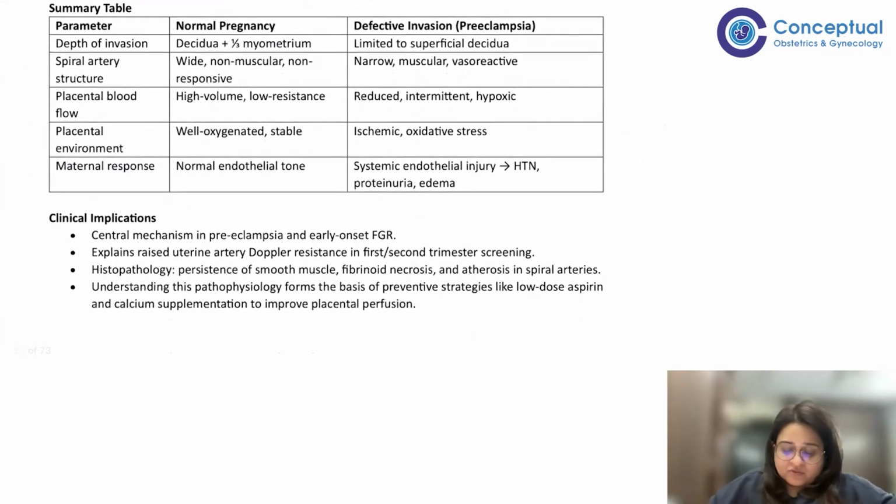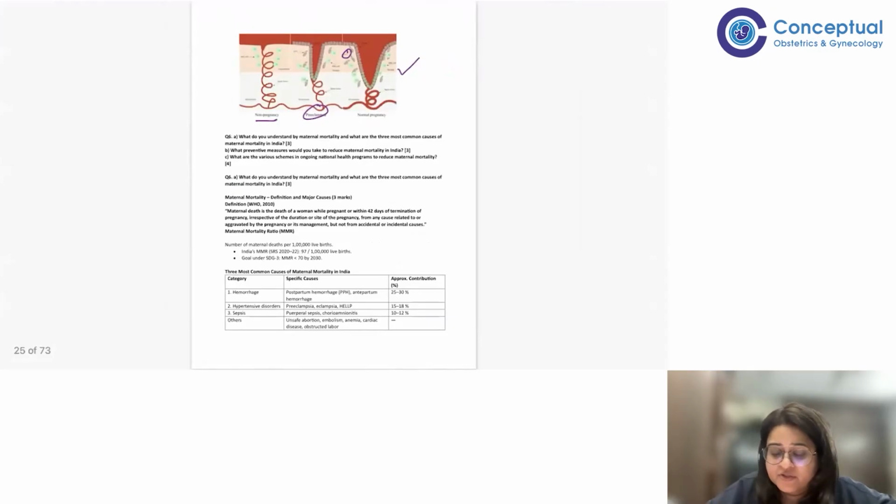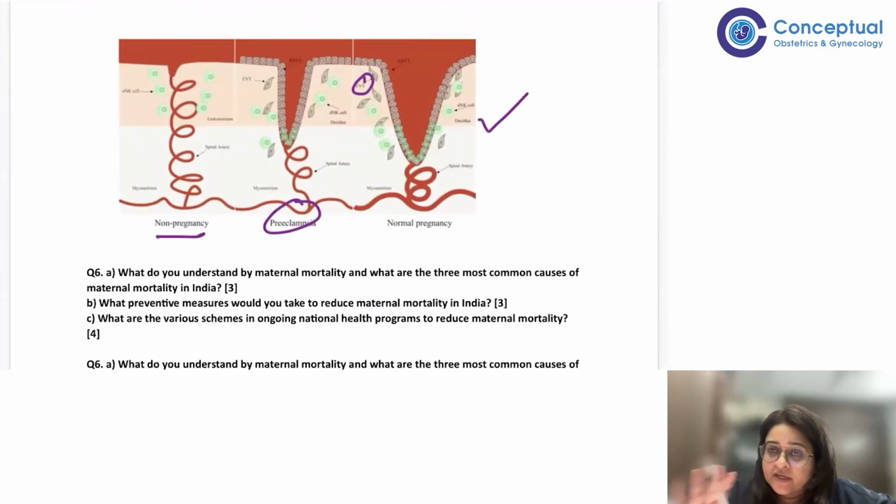The clinical implication is that there will be increased uterine artery resistance and increased anti-angiogenic factors, and these will serve as predictors for preeclampsia. If you write nothing but just draw this diagram and mention this sentence, there is defective trophoblastic invasion of the spiral arteriole in preeclampsia, that is enough to get you your 2 marks. That's all that needs to be written.